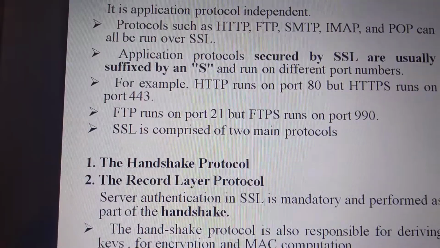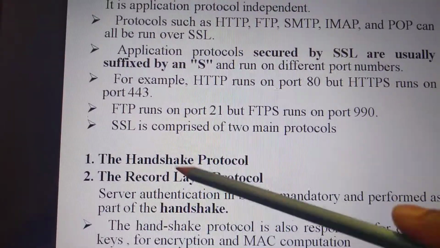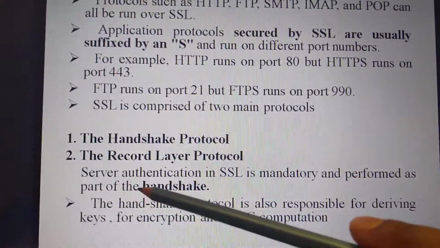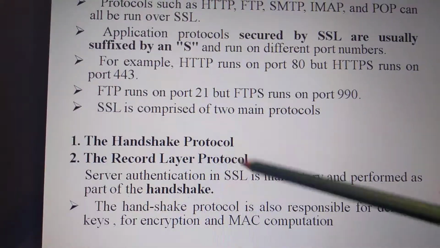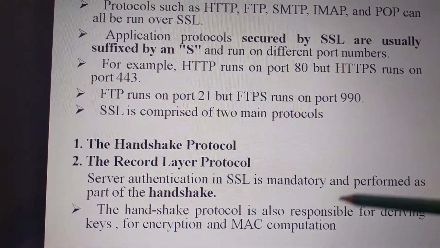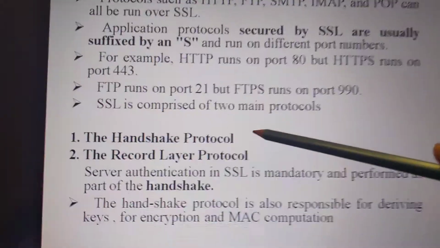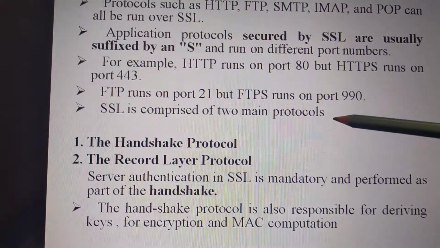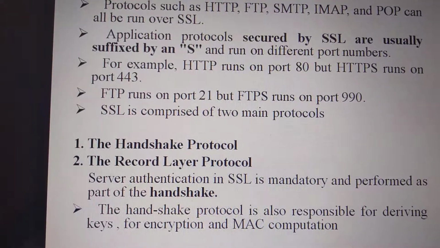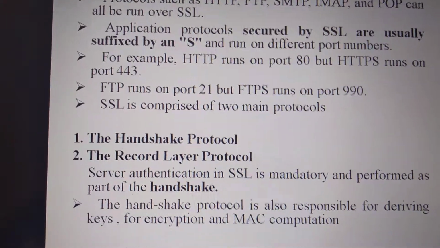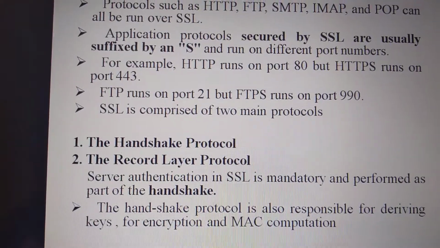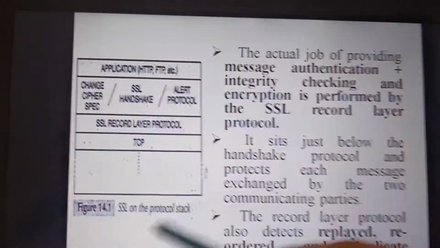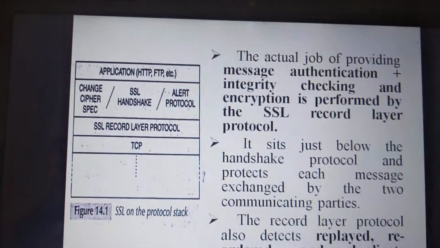SSL is comprised of two main protocols, the handshake protocol and the record layer protocol. Server authentication in SSL is mandatory and performed as a part of the first protocol, that is the handshake protocol, and the handshake protocol is also responsible for deriving the keys which will be used for encryption and the MAC computation. This is SSL on the protocol stack here.